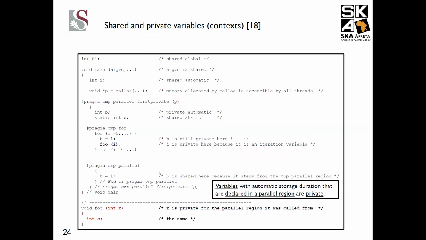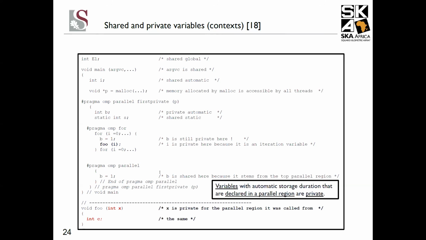And what about this function, these variables? So variables with automatic storage duration that are declared inside of a parallel region are private. And I, this variable I that we pass to the function, is also a loop iteration variable, so it's regarded as being private. Okay.